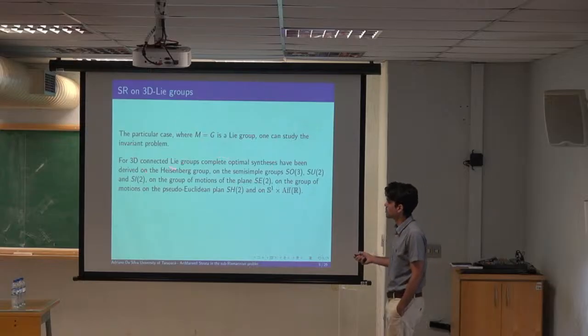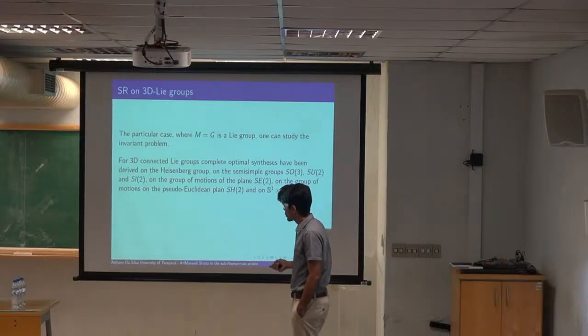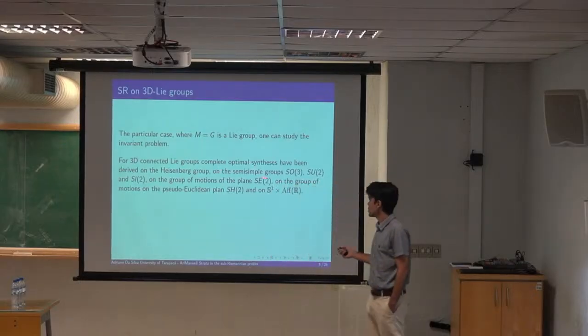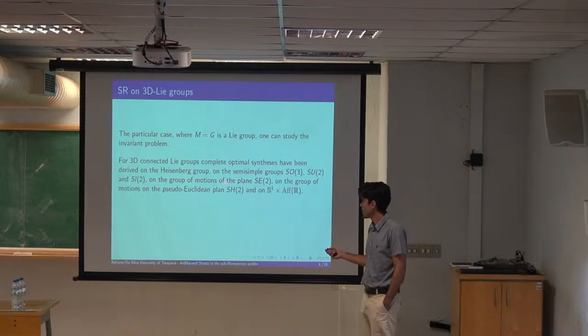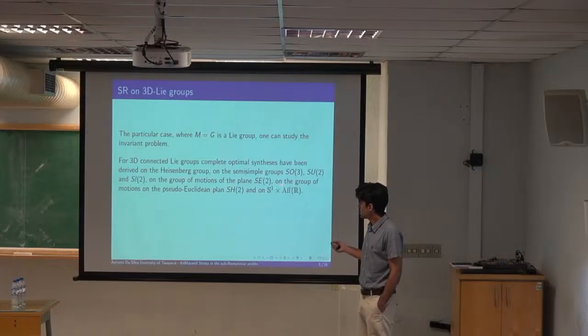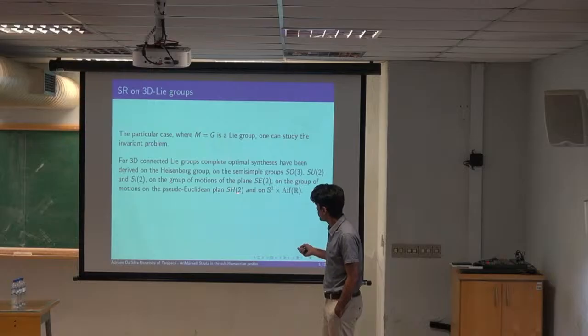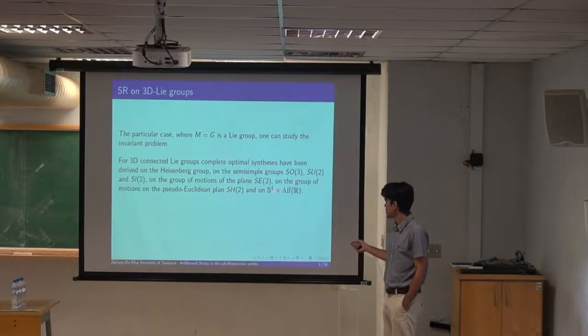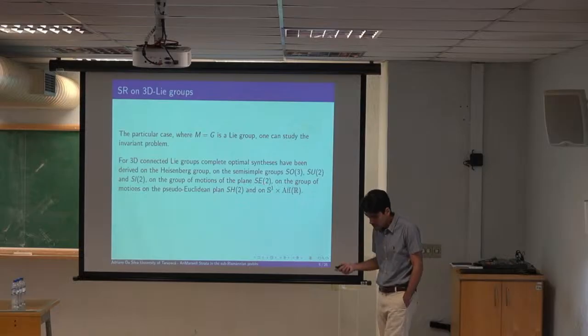Heisenberg is the classical one, with a lot of work on the Heisenberg groups, but we also find completely optimal synthesis in SO3, SO2, and SL2. And in the solvable case, we also have a really complete study on SE2, SA2, and the Cartesian product of the two-dimensional solvable group with the torus.